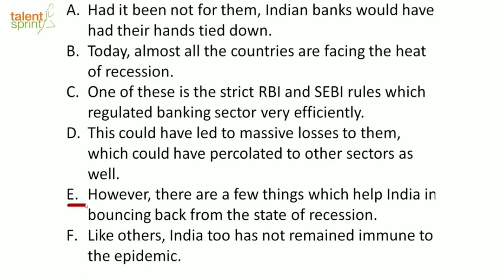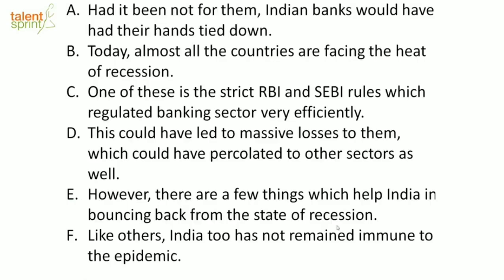However, there are a few things which help India in bouncing back from the state of recession. So if you see, introducing recession, introducing that India is also affected by it, and then the next sequential sentence is telling you that, you know what, there is something else that India does to bounce back from this state. And what are those things? There are a few things.